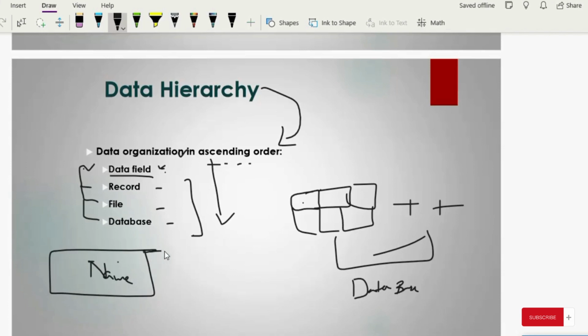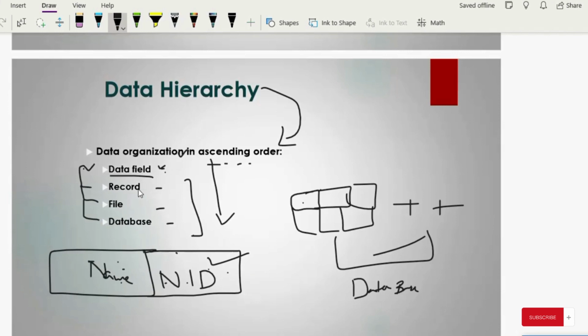Or his national ID is a data field. Each cell in which we store data is a data field. There are some other names for data fields as well: we call it an attribute, a column, or simply a field.